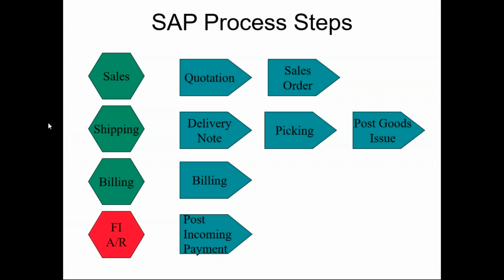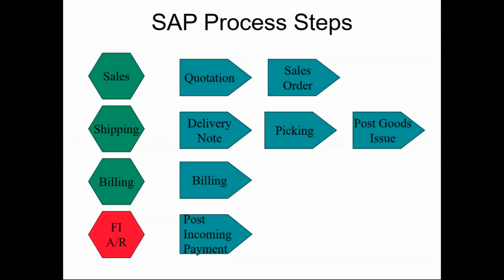So what is sales? What do we do as part of the sales process? We talk about enquiry, quotation, and sales order, which are the sub topics of sales. Nowadays very few people use enquiry and quotations.